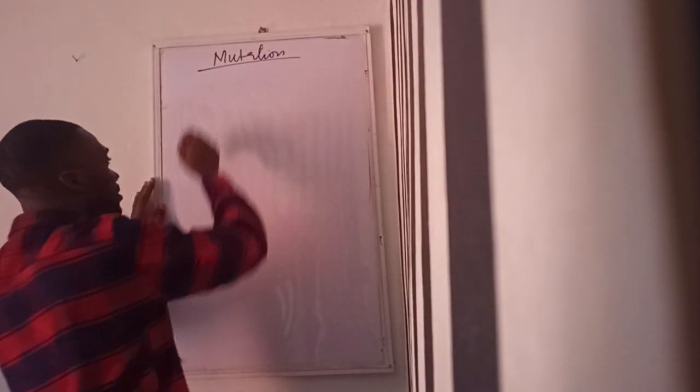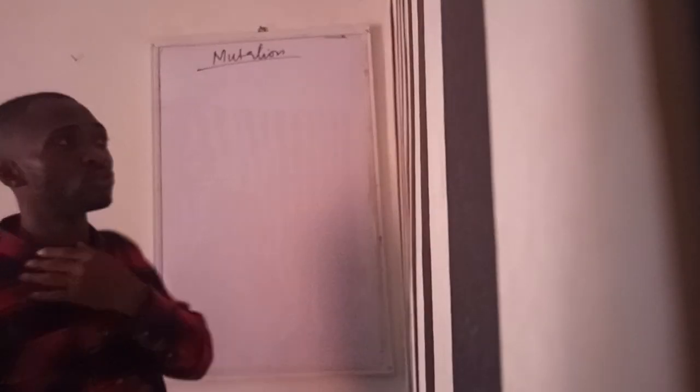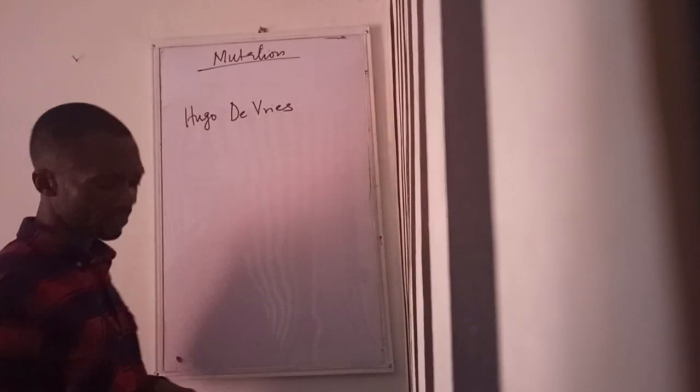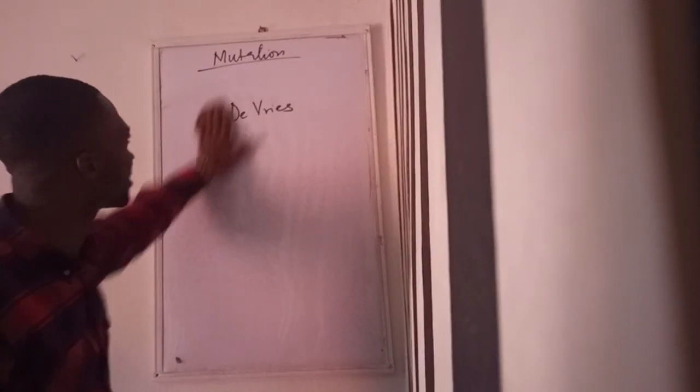I think his correct name is Hugo de Vries. I'm not too sure, but this is the man that worked extensively on mutation. And like I said, mutation is changes, alterations in gene is what we call mutation.